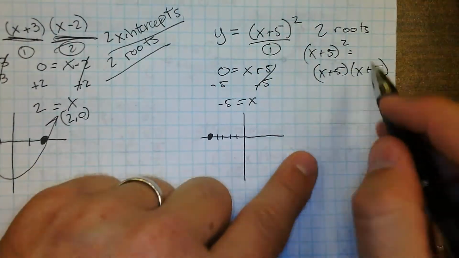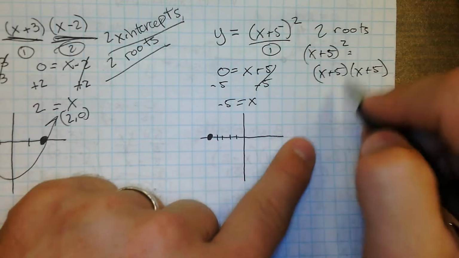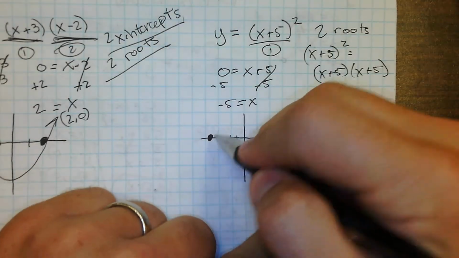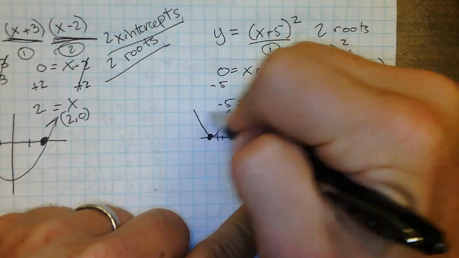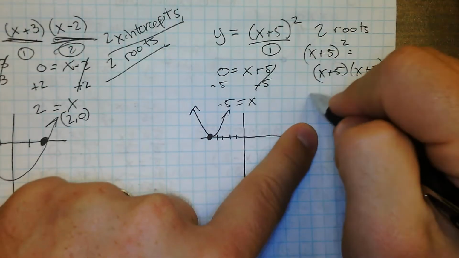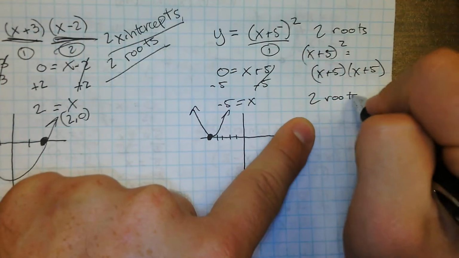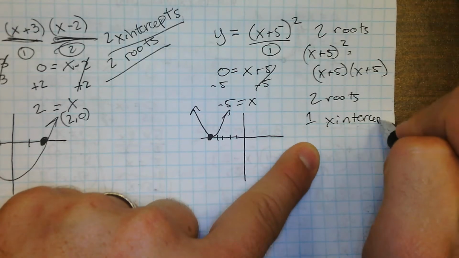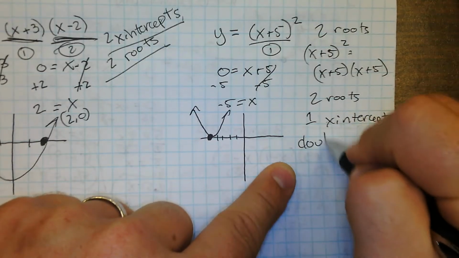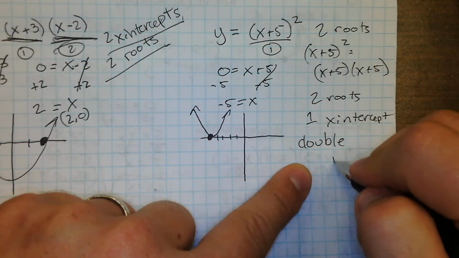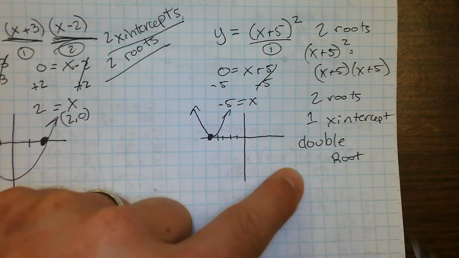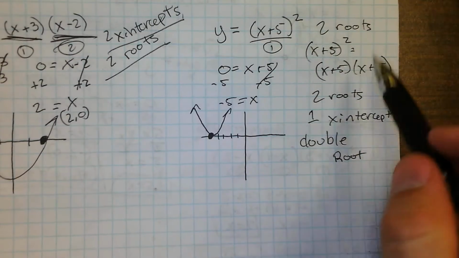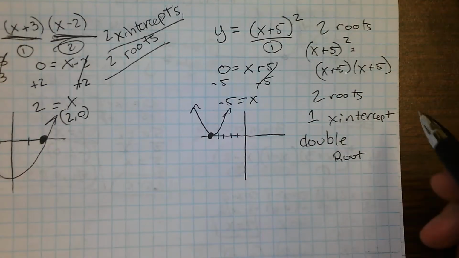So there are two roots, but because both roots equal negative 5, there's only one x-intercept. This is called a double root, okay? It's called a double root because the same root repeats itself, okay?